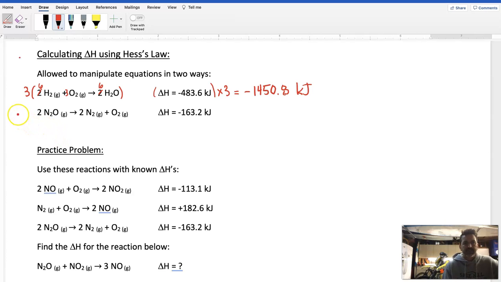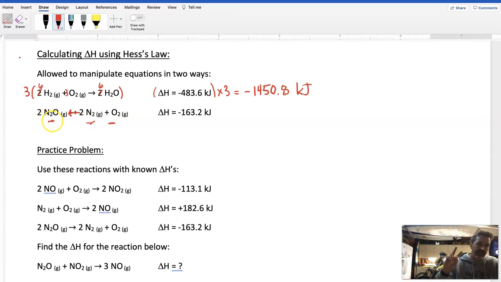The other thing you're allowed to do is reverse these reactions. So let's look at this second reaction and see what that actually means. I want to reverse this second reaction, meaning this N2O is a reactant, and this N2 and this O2 are products. What I'm allowed to do is take this arrow and flip it around the other way. So now N2 and O2 have become the reactants, and the N2O is now the product.